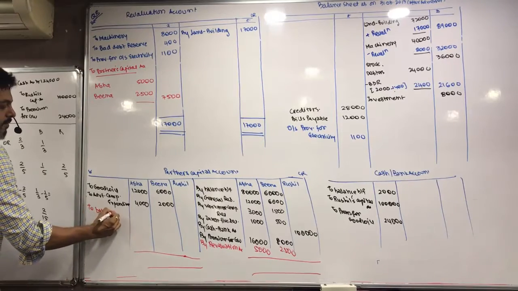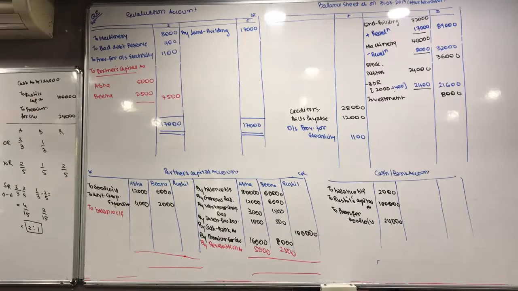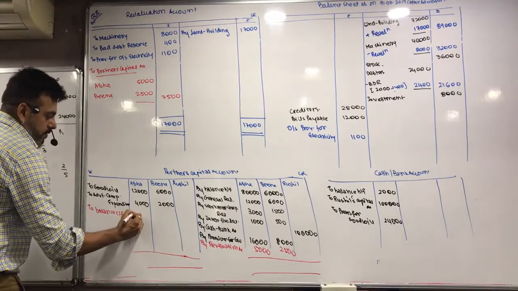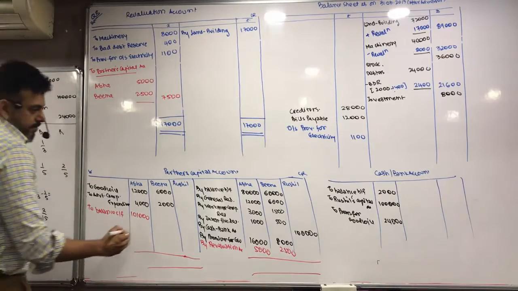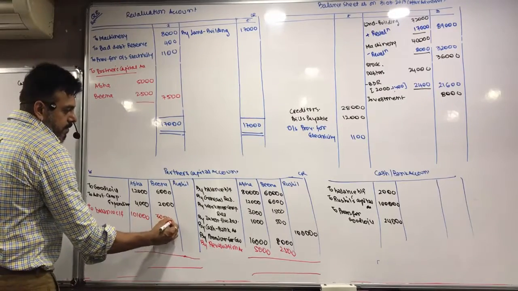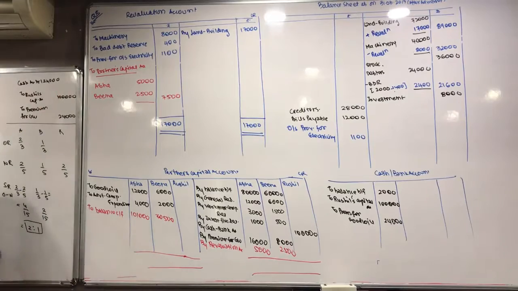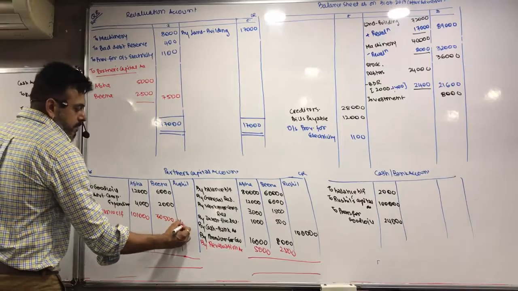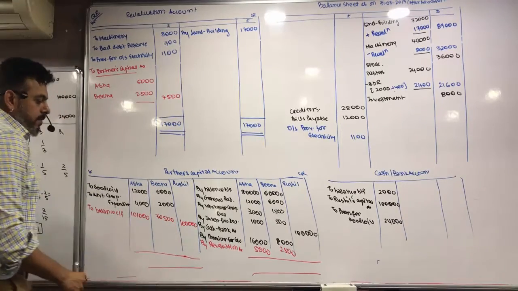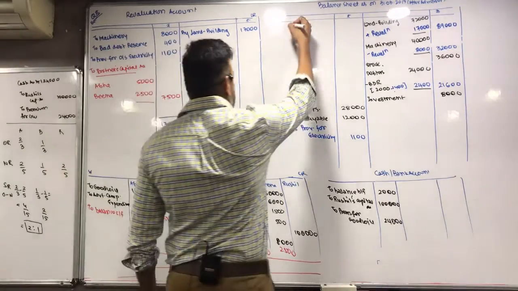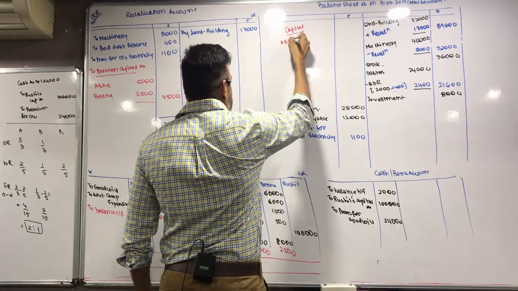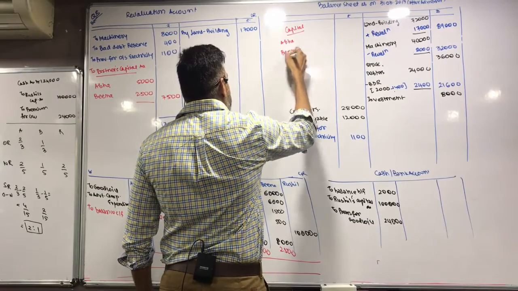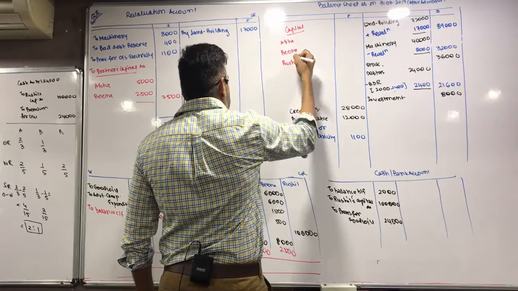To balance carry forward. Rushil 1 lakh. Transfer it. Capital: Abha, Beena, Rushil.